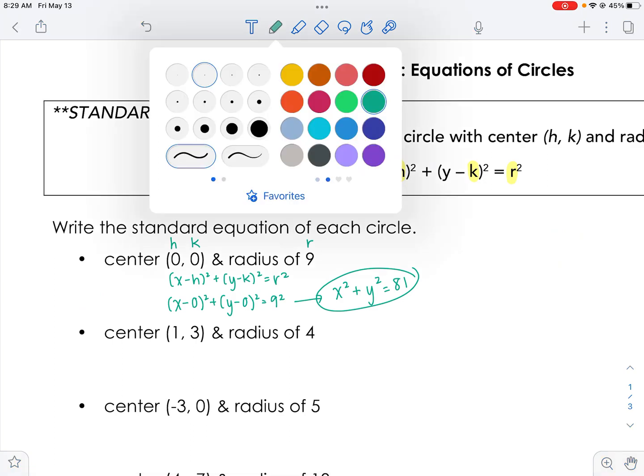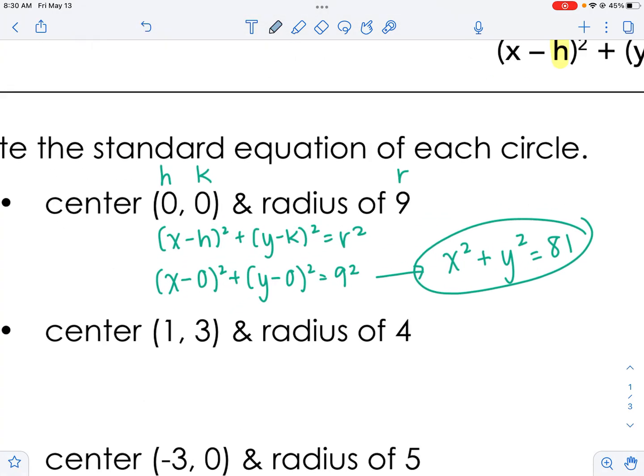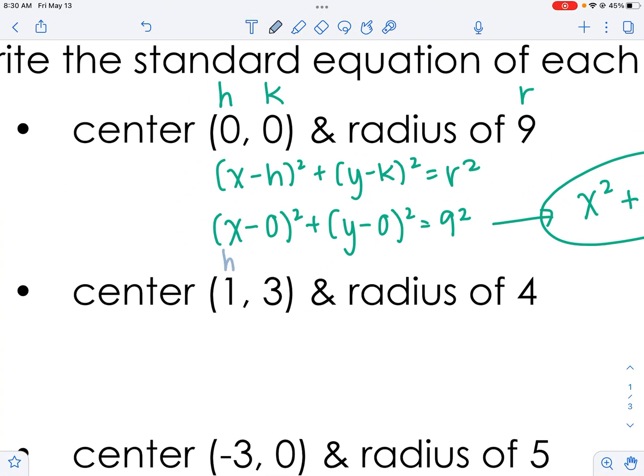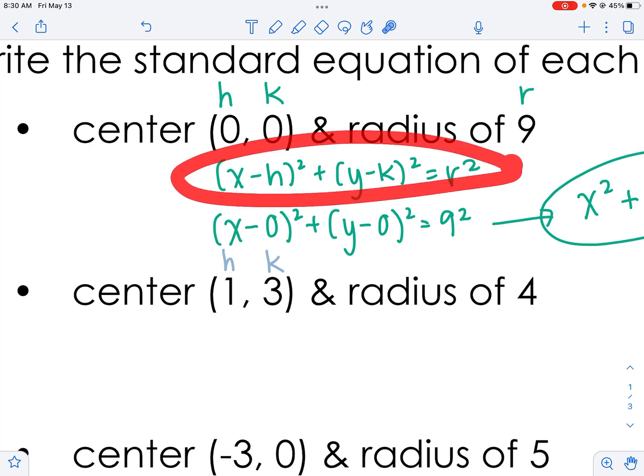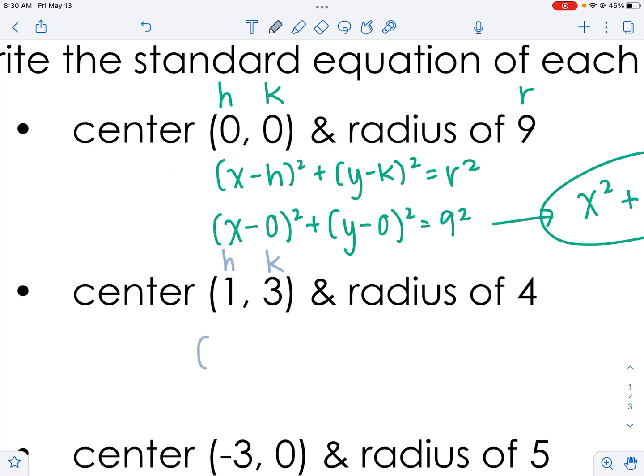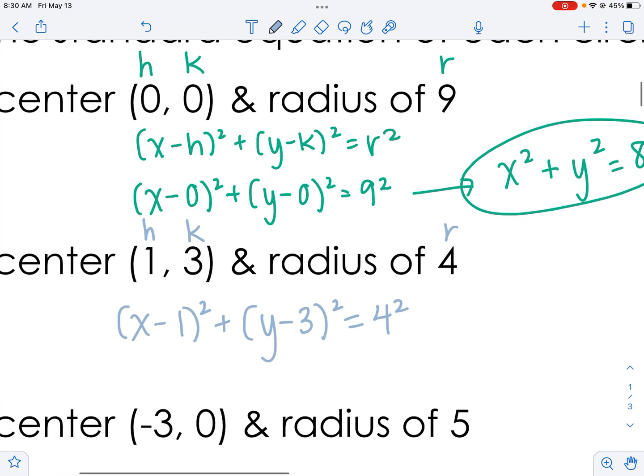The next one says that we have a center at (1, 3). So that's the h, k. Using that formula again, instead of x − h, now I'm going to say (x − 1)² + (y − 3)², and if the radius is 4, that's your r, so 4². In this one, there's not much to simplify. Like (x − 1)², we're going to leave it just like that.